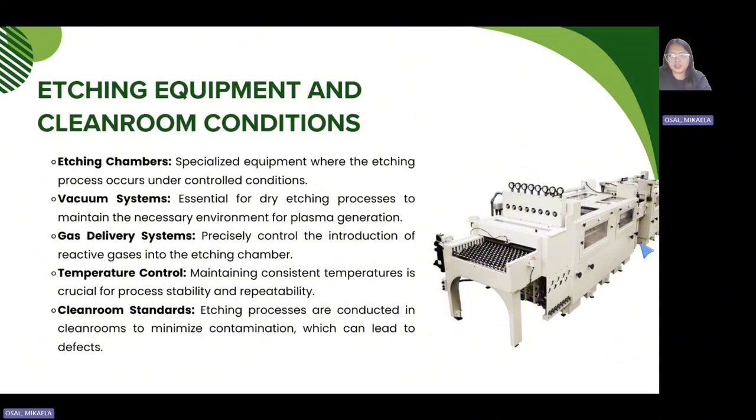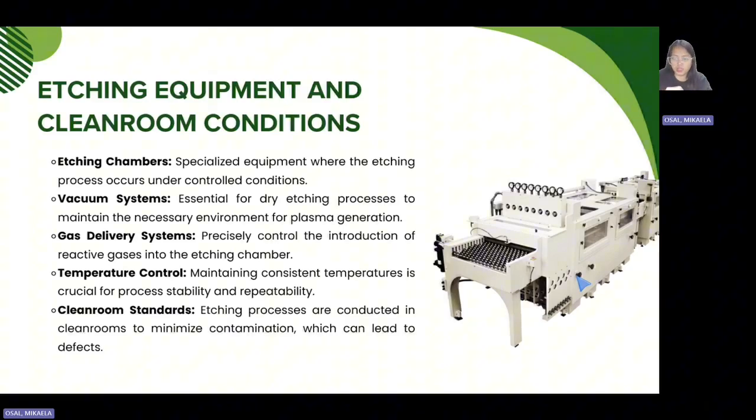So etching processes are carried out in cleanroom environments to prevent contamination. Even a single dust particle can destroy nanoscale features. So etching tools are enclosed in vacuum chambers, often with robotic wafer handling to ensure consistency and safety.